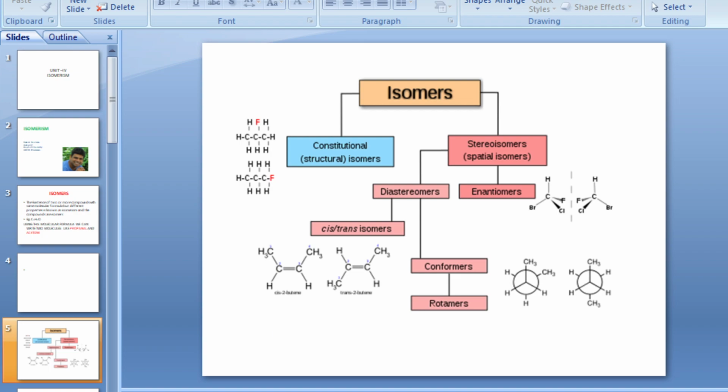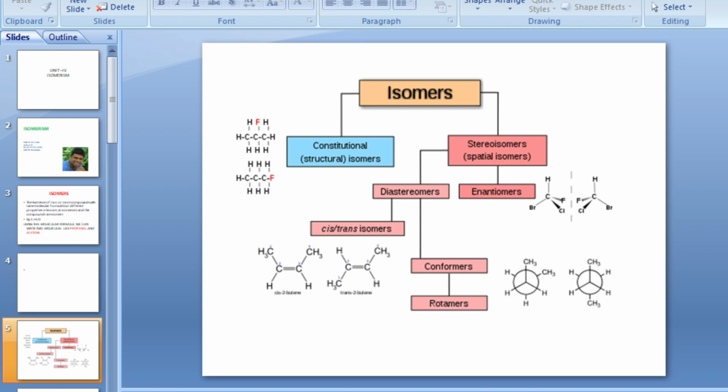And the other type of isomerism you can see in the orange or maybe slightly pinkish one is stereoisomerism. And this isomerism arises due to difference in spatial arrangement of atoms.